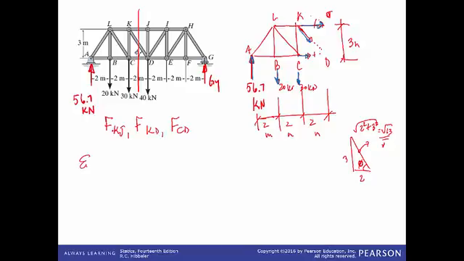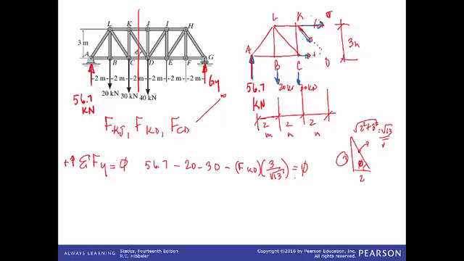So let's do sum of the forces in Y equals 0. Remember, I'm using this left hand side section, so I have 56.7 minus 20 minus 30 minus F_KD times 3 divided by the square root of 13 equals 0.